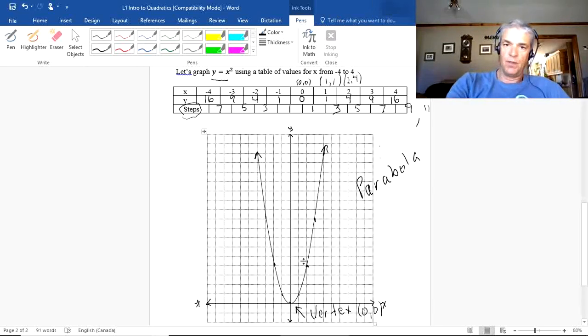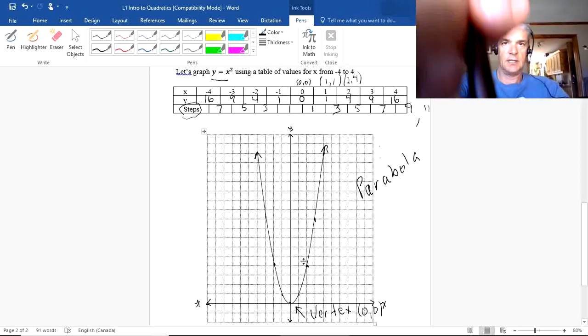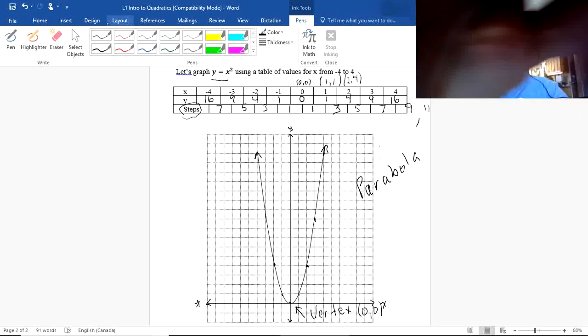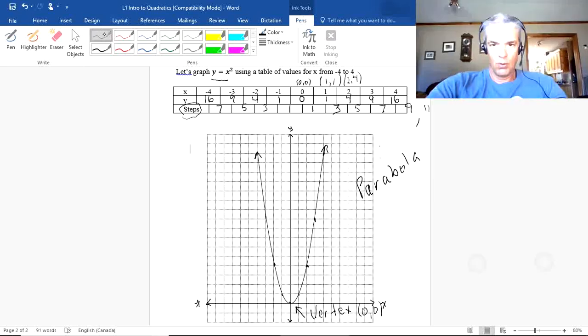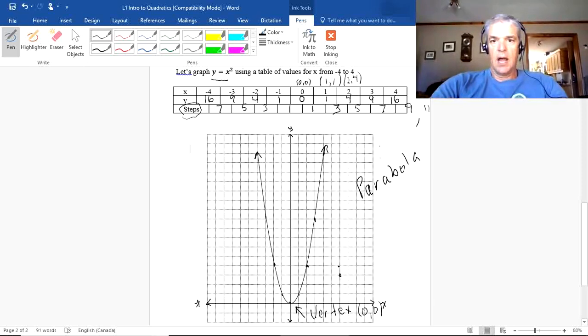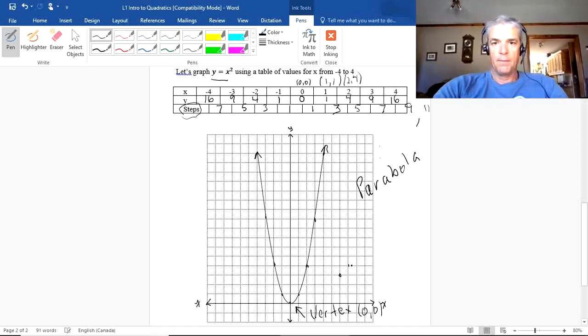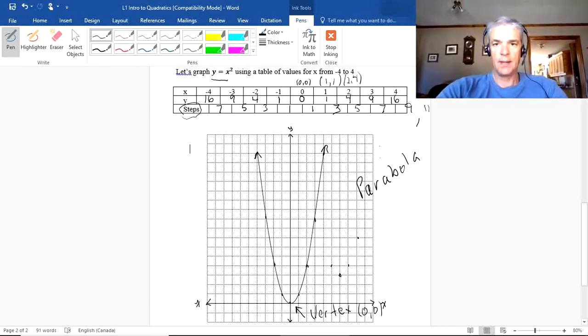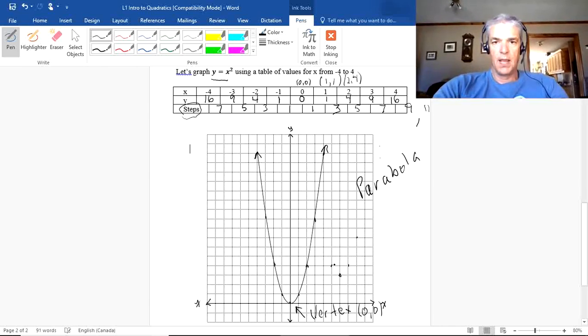If I was to move the vertex, let's just do one on this page. Let's say the vertex is going to be right here. I don't even care what that is, but it is, I don't know, 1, 2, 3, 4, 5, 6, and 1, 2, 3. I can go over 1, up 1, over 1, up 1 on this side, over 1, up 3, 1, 2, 3, and over 1, 1, 2, 3.